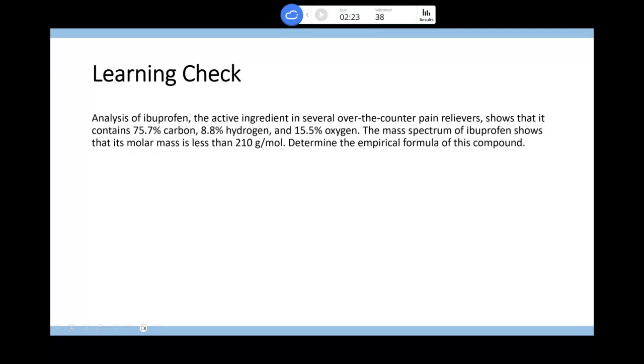When we're provided mass percentages and not actual masses, you can assume any amount of the full compound that's present, but it's easiest to assume 100 grams, because then you have 75.7 grams of carbon in 100 grams of the full compound. So we can assume 100 grams of ibuprofen. Now we follow the same process that we did in the previous example.